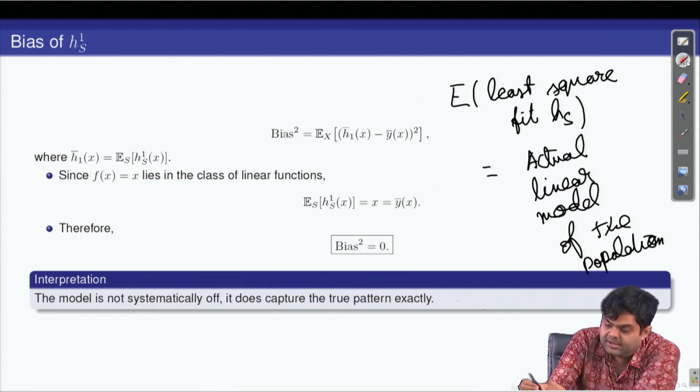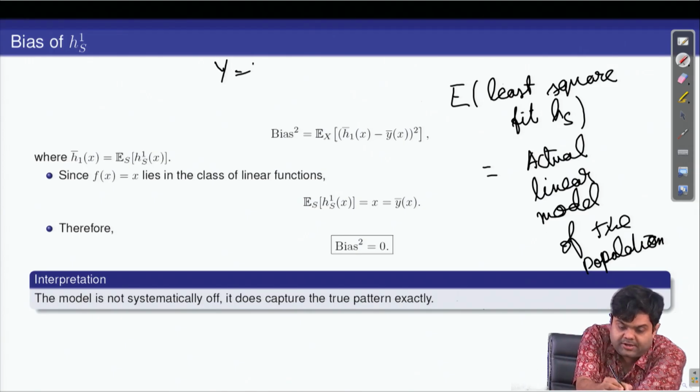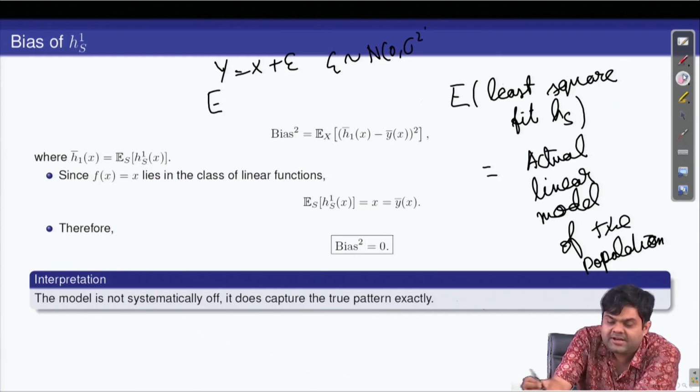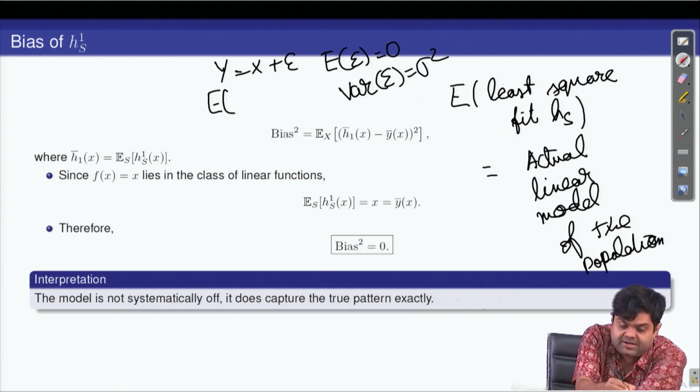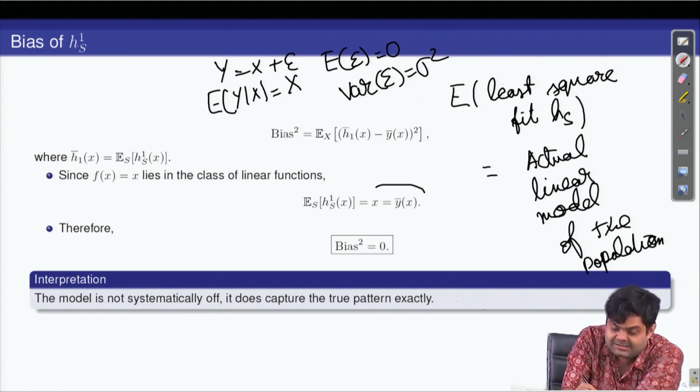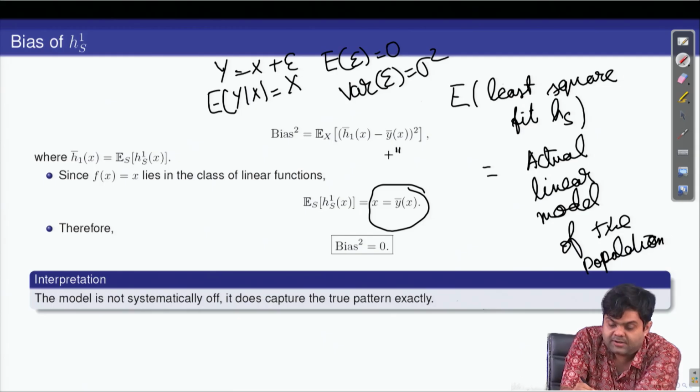That is, in this model where y equals x plus epsilon, epsilon follows normal 0, sigma square, or it doesn't even need to be normal, the expected value of epsilon is 0 and the variance of epsilon is sigma square, so the expected value of y given x is x. This is your y bar, the expected value of y given x.